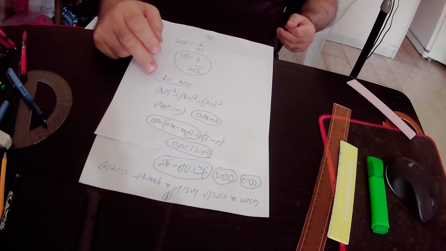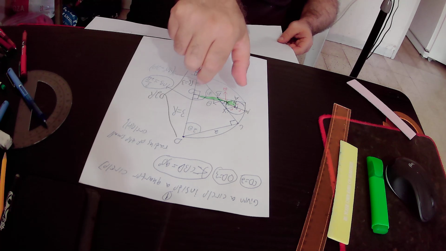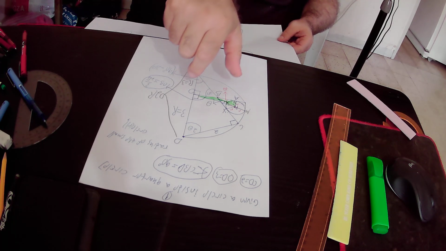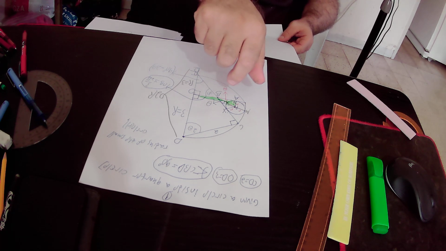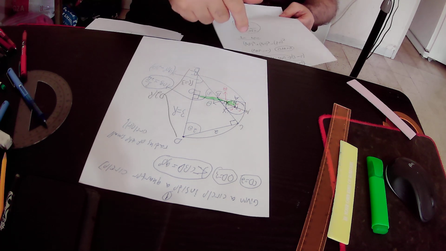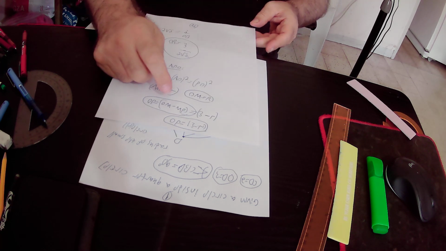We found that OP equals MO minus MP, where MO is capital R and MP is small r. So OP equals capital R minus small r, and capital R equals 3. So OP equals 3 minus r.